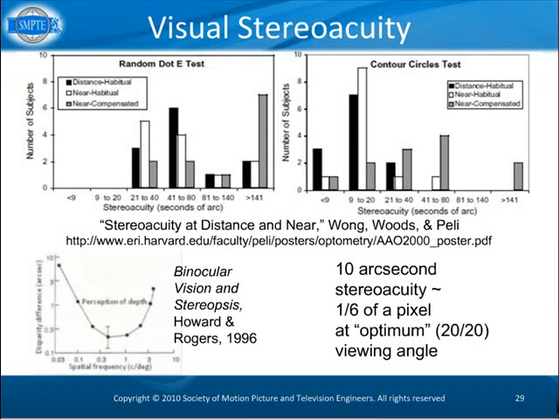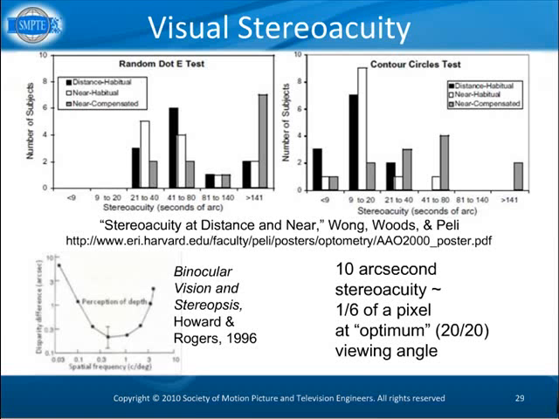Let's look first at visual stereo acuity. I have diagrams here from two different researchers at two different times. Down at the bottom left, there's a diagram that seems to show that you can have stereo acuity, the ability to distinguish that something is in 3D, down to a fraction of 1 arc second, like 3/10 of 1 arc second.